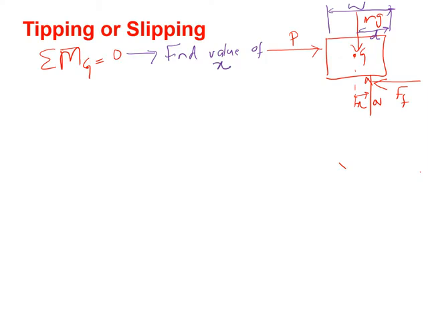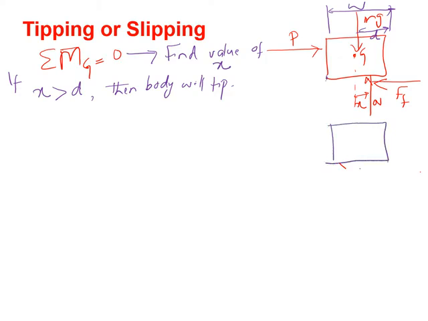If the value of x is greater than d, then the body will tip. So for the case of tipping, this means that this portion is not in contact with the surface. So for the case of tipping, your free body diagram will be like this.